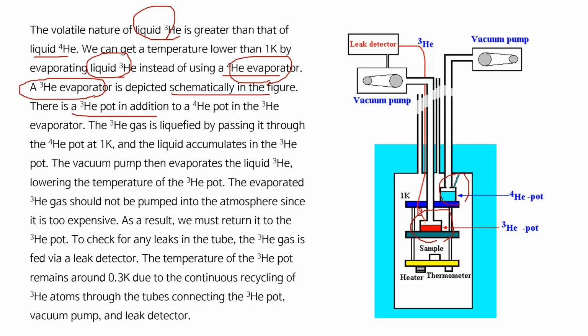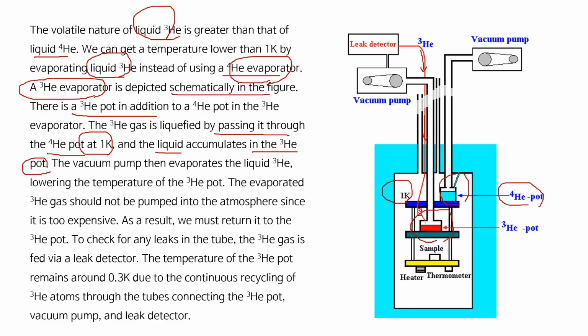The helium-3 gas is liquefied by passing it through the helium-4 pot at 1 Kelvin, and the liquid accumulates in the helium-3 pot. So helium-3 gas is supplied, and this gas passes through the helium-4 pot at 1 Kelvin.